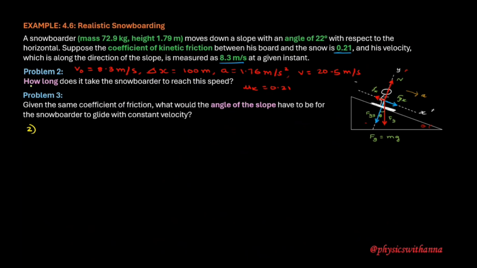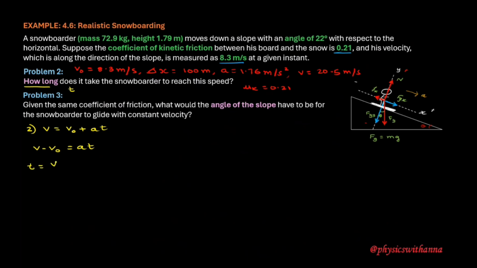We can find how long it takes, that means the time t, by using the third equation of motion, which says that v final equals v initial plus a into t. We rearrange this term to write in terms of t. First move v initial to the other side. So you get v minus v initial equals a into t. Now divide by a.